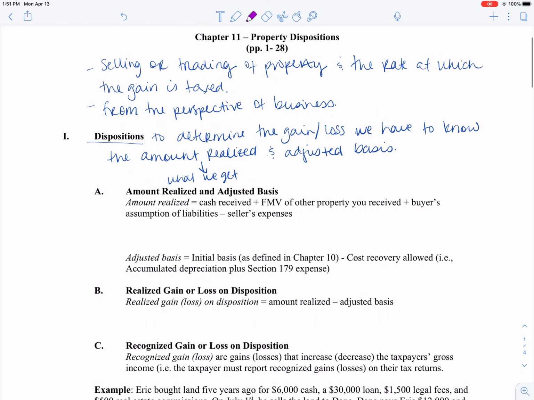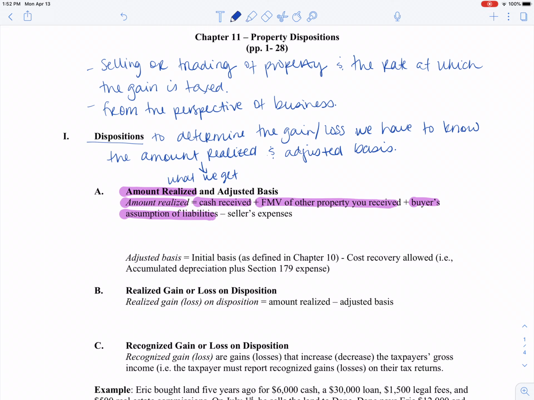All right, so the amount realized is the cash that you get, the fair market value of any other property you receive. If you're relieved of liabilities, those are all things that you get. I had my debts relieved, I got cash, and they gave me a piece of machinery in exchange for something. What did we get is all of these components.